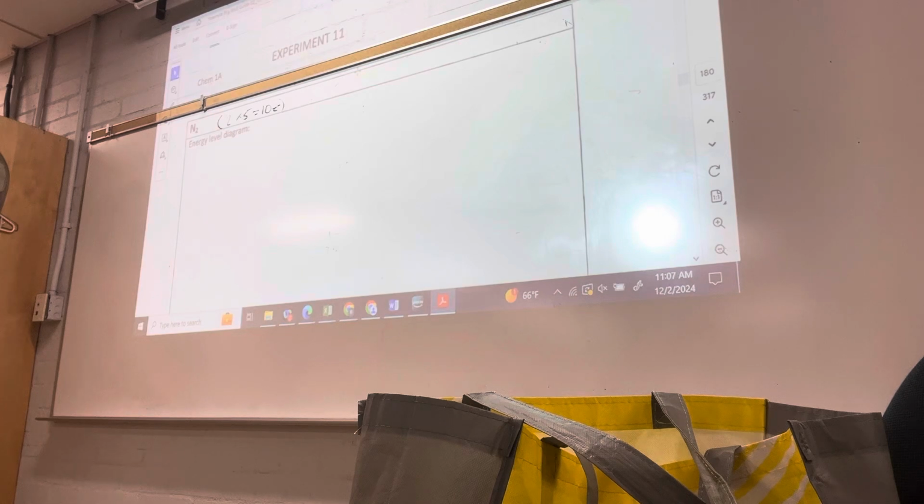So normally putting the first electron on is exothermic, but putting the second electron on there is typically endothermic. And then the third electron in there is going to be endothermic. What about the fourth electron? Does nitrogen want a fourth electron or not? It doesn't want the fourth electron. Why?